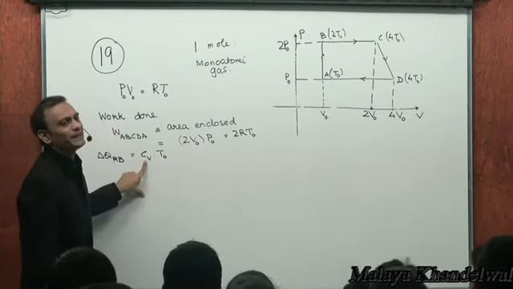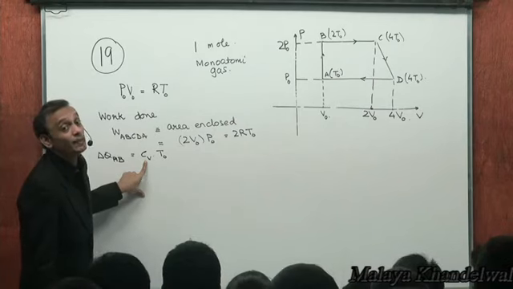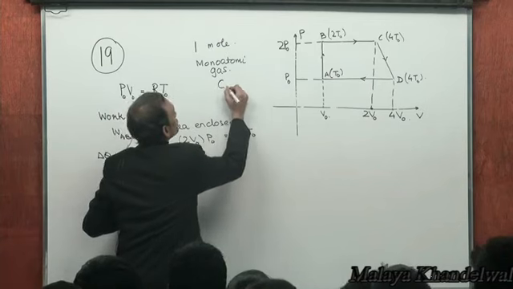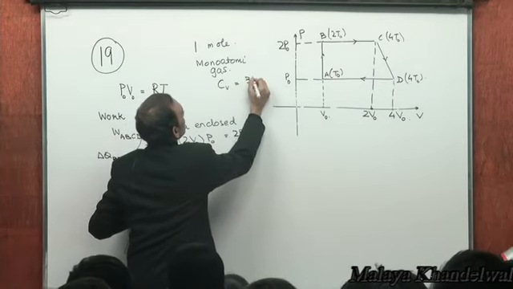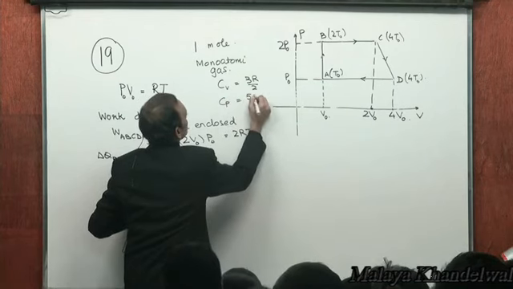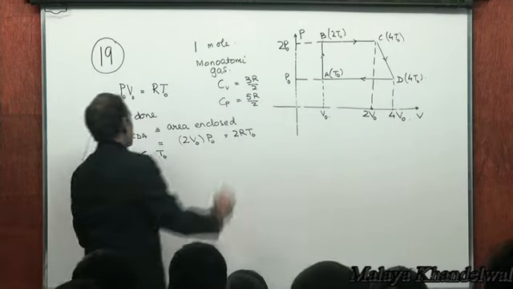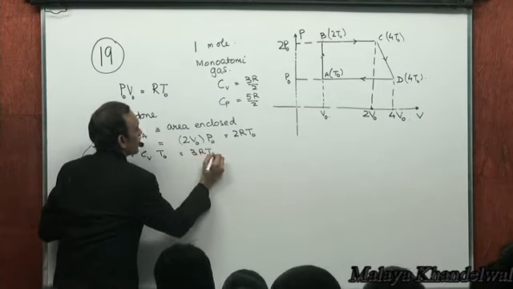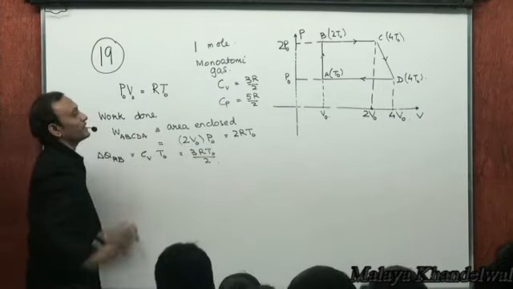CV for a monoatomic gas is 3R by 2, and CP for a monoatomic gas is 5R by 2. So this is 3RT0 by 2. That's the heat supplied in AB.